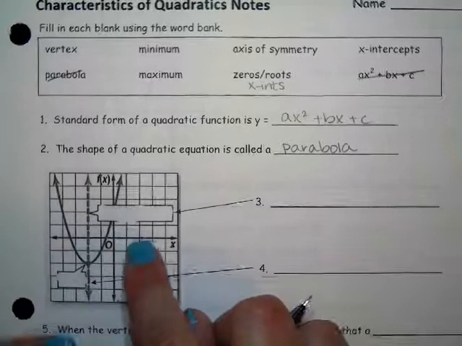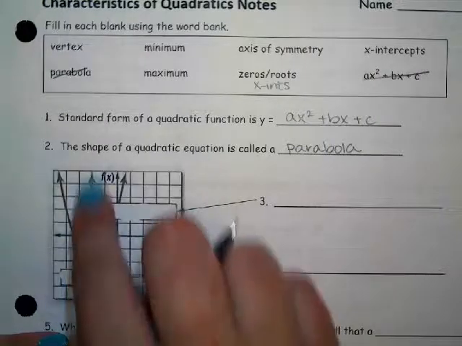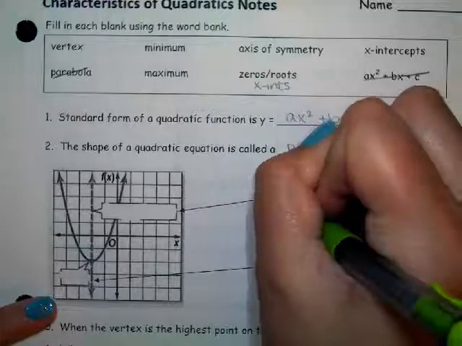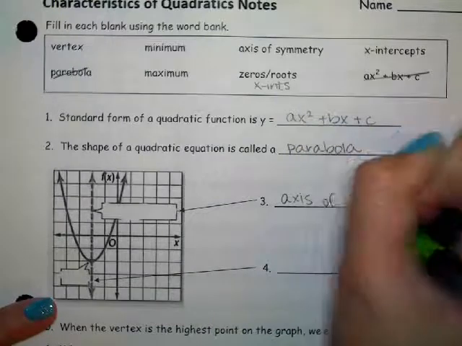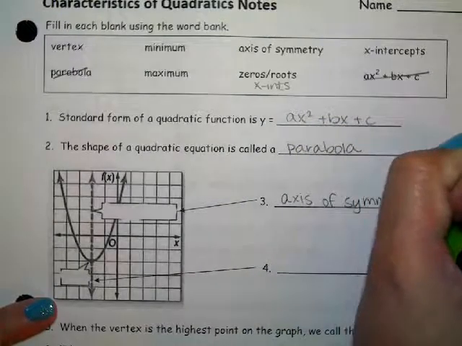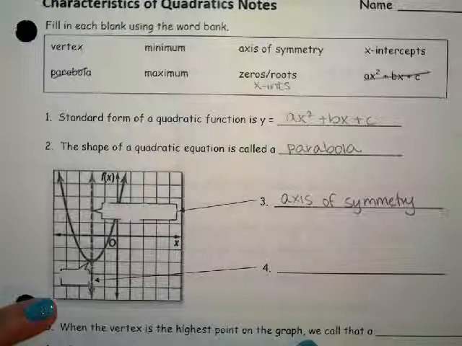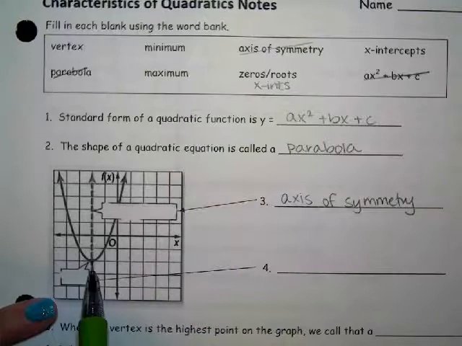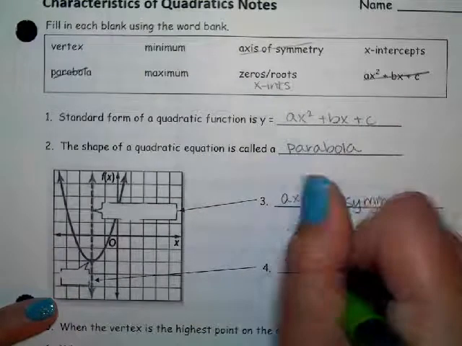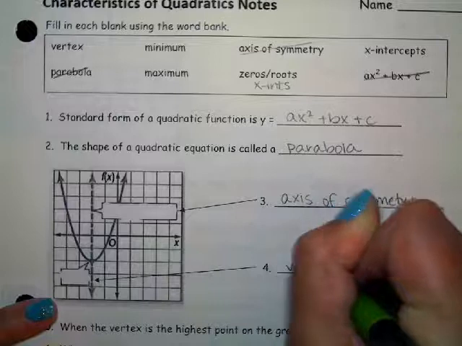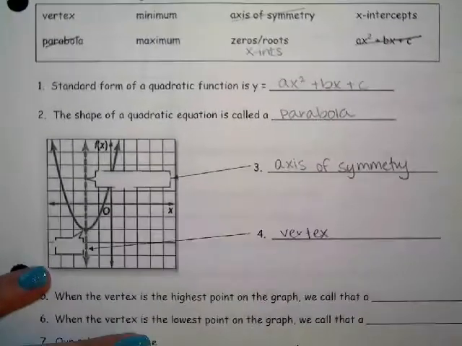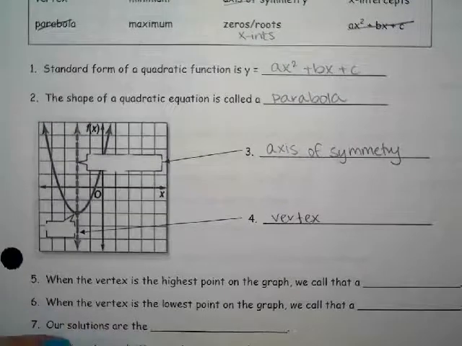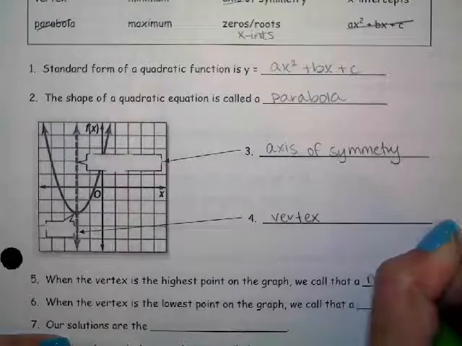All right. The imaginary line that cuts the parabola in half is called the axis of symmetry. Axis of symmetry, okay. This point right here is called the vertex. When the vertex is the highest point on the graph, we call that a maximum.